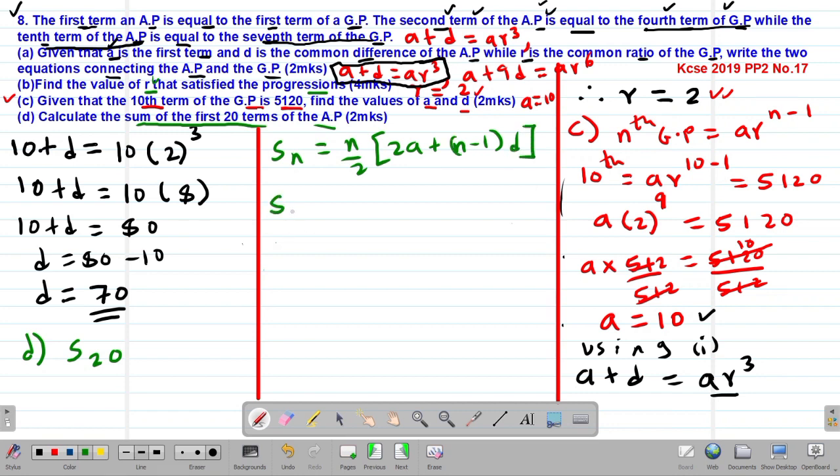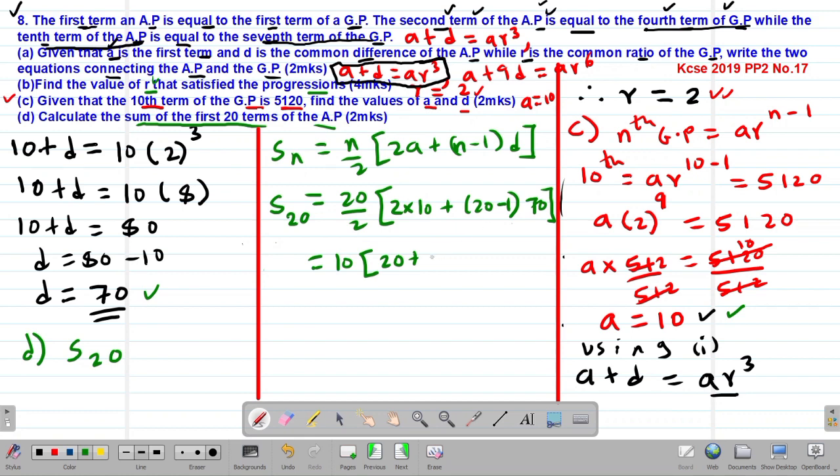So S20, the sum of the first 20 terms of the AP, will be given by n, which is 20, divided by 2, then into brackets 2 multiplied by a, which is the first term. Our a was positive 10, then of course plus n, which is 20 minus 1, multiplied by the common difference, which we got as positive 70, then we close the bracket. So 20 over 2 is 10, into bracket 2 by 10 is 20, then plus 20 minus 1 will get 19 multiplied by 70.